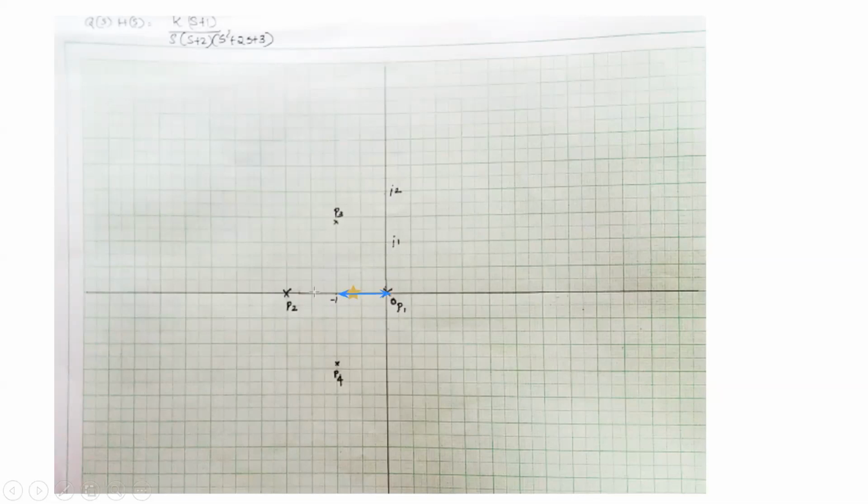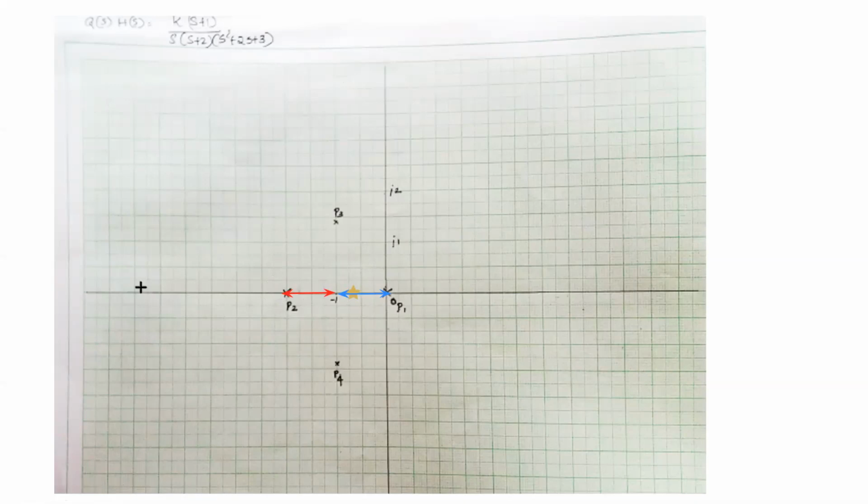What about here? From here to here, is it a part of root locus? Can we have a root locus there? No, because what is the total number of poles and zeros? The count is even, so it is not a part of root locus, whereas from 0 to -1, it is a part of root locus. What about from this part onwards?